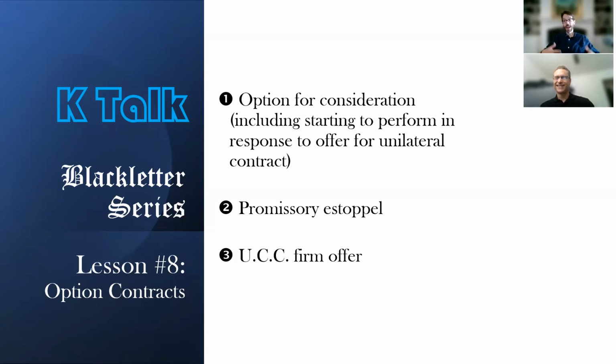So the requirement of actual detrimental reliance is gone under the Restatement. The theory being that it's very hard for charities to link actual detrimental reliance to a particular pledge, because they get tons of pledges. And how do you link that you did X to this pledge?